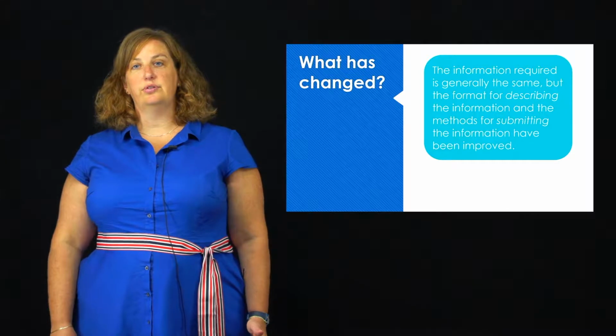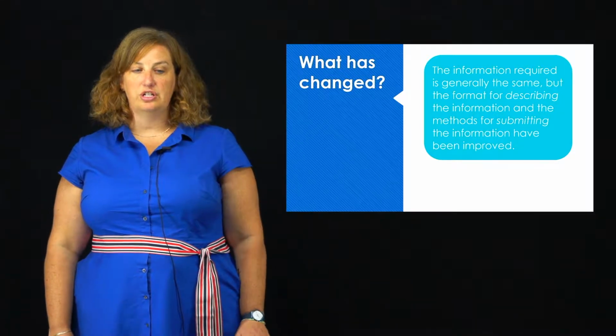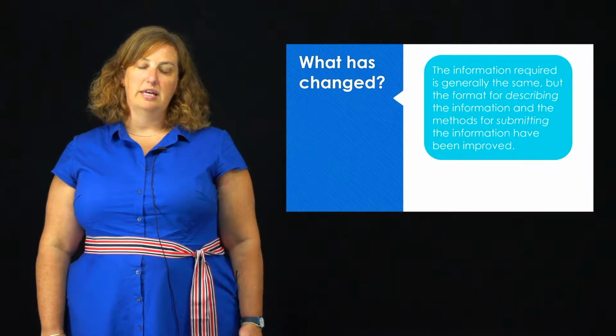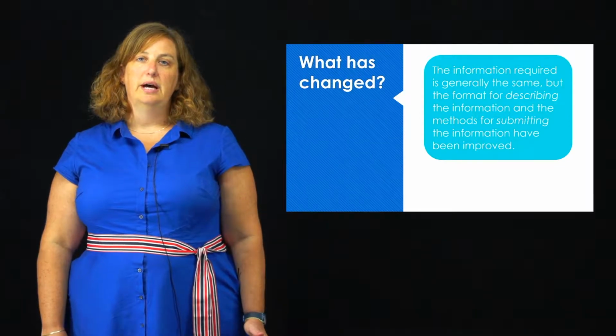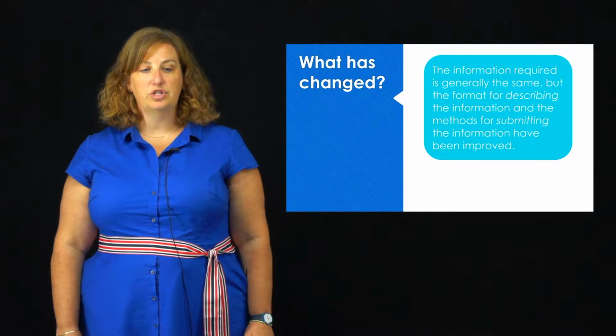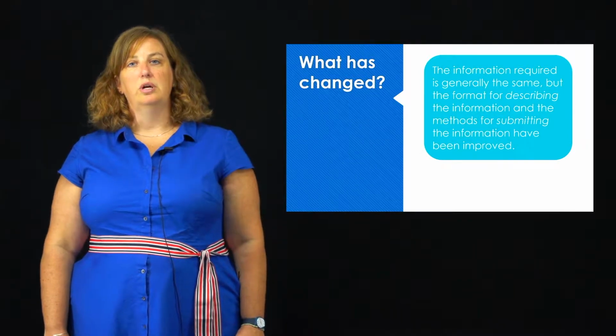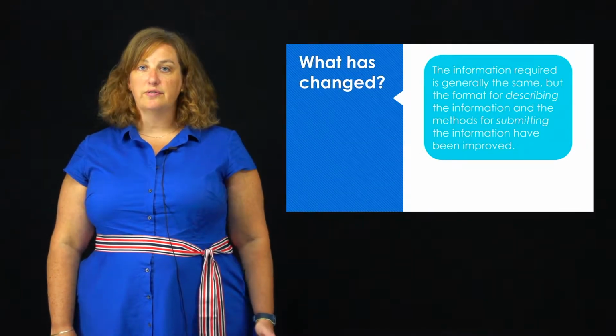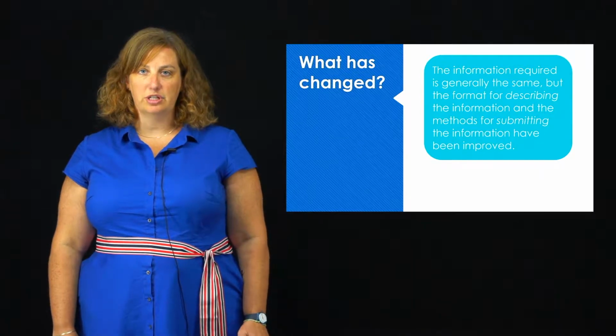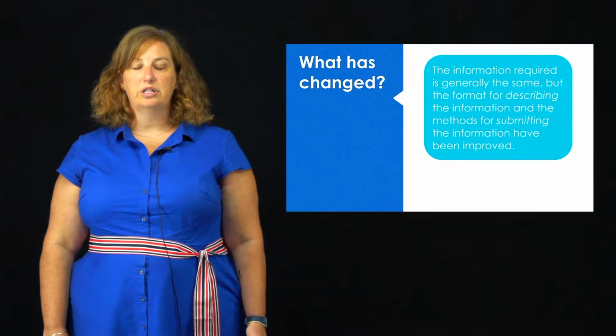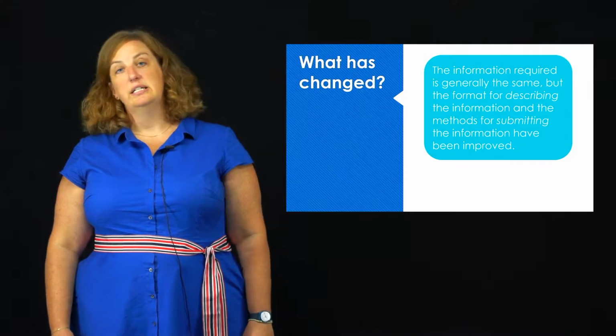The content of those has remained the same. We haven't changed anything associated with the content of any of the forms. What we've changed are the methods for submitting information. So you'll see that things look different than they did before, but all the information that was included in the earlier editions of the forms is still included today.